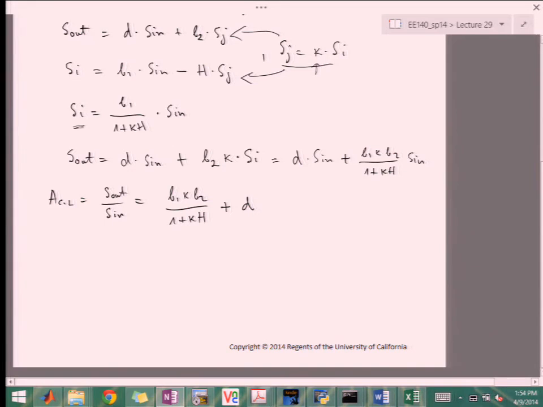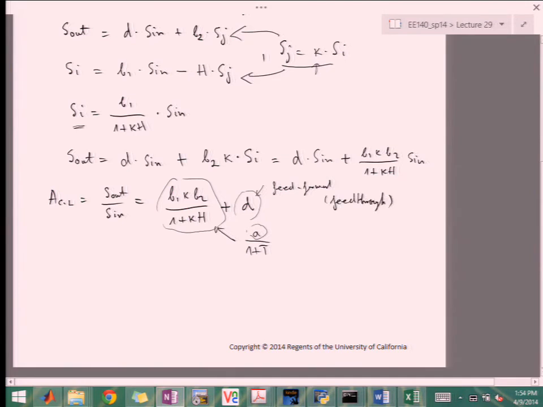Normally, you could say this piece reminds me of A over 1 plus T, where A is the forward gain of the amplifier itself, and T is the loop gain. This piece over here is feed-forward, or we can call it feed-through.